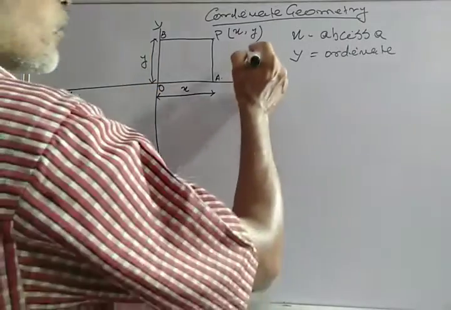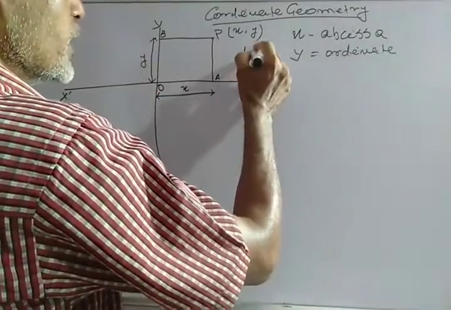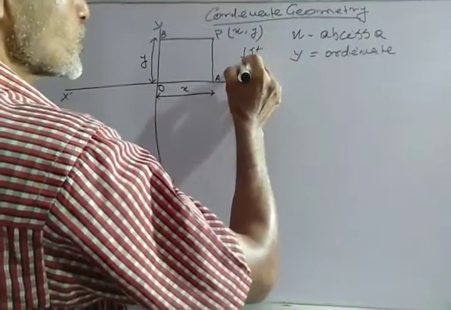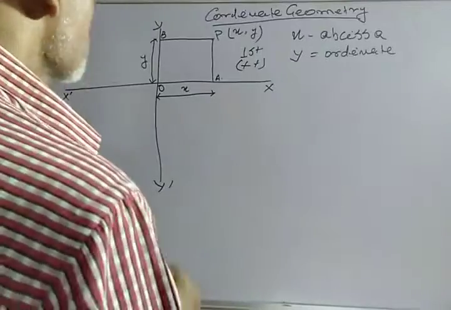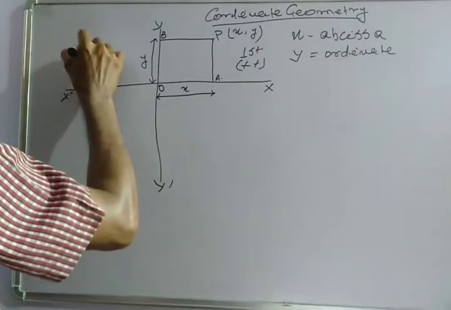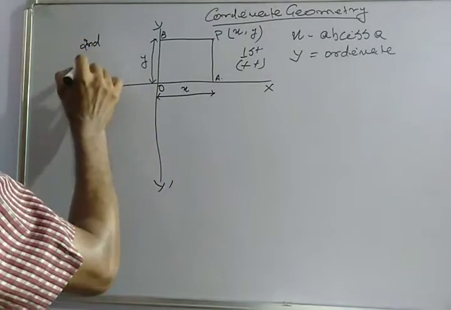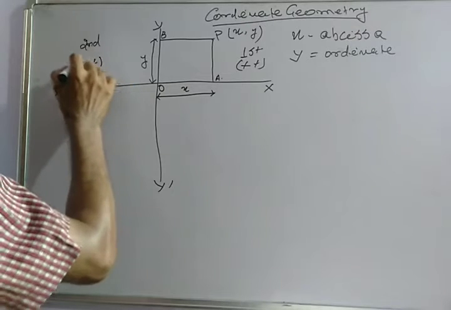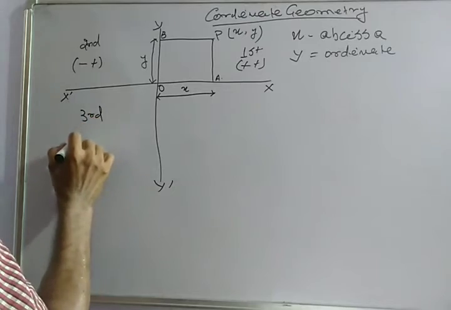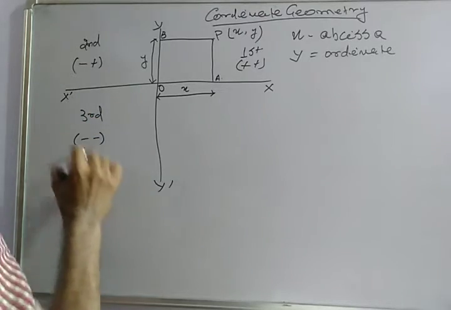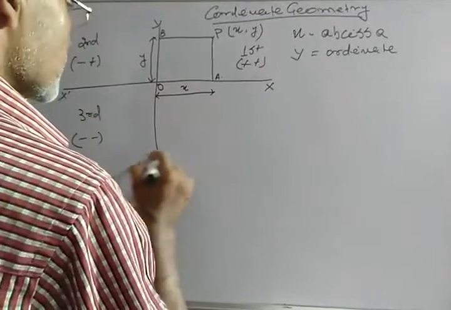So remember, this is the first quadrant, and both coordinates are plus, plus. This is the second quadrant, minus, plus. This is the third quadrant, minus, minus, so all the coordinates in this quadrant will be minus and minus.